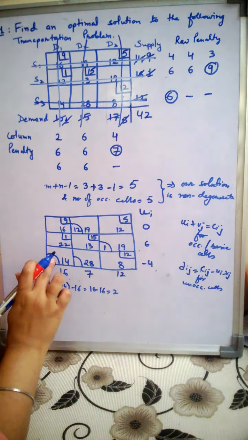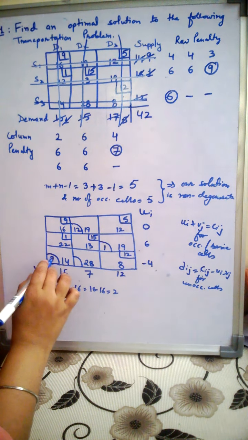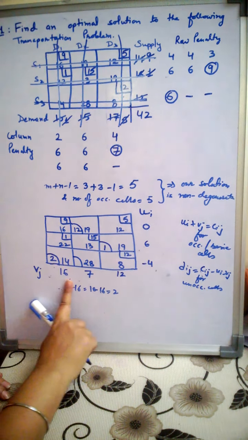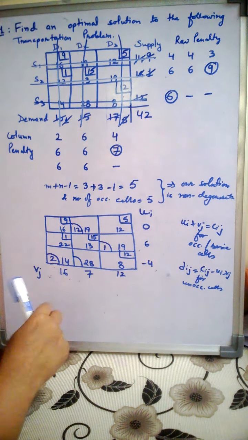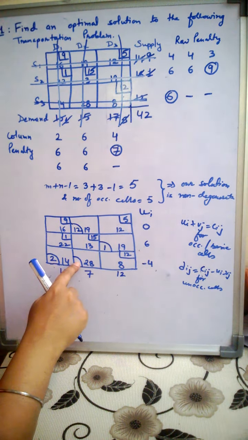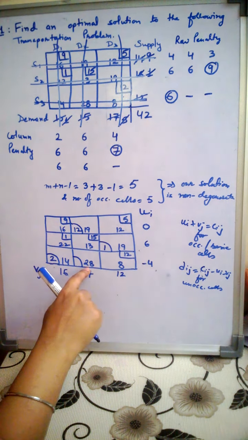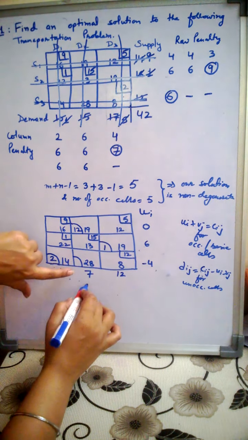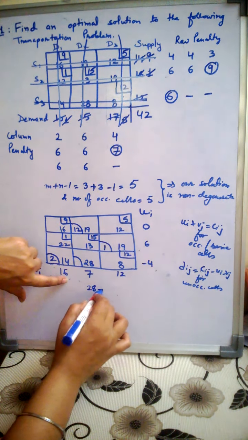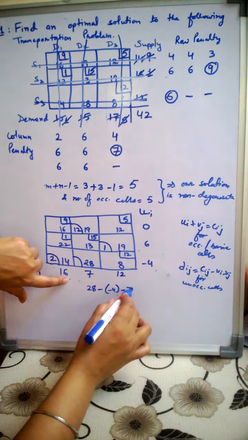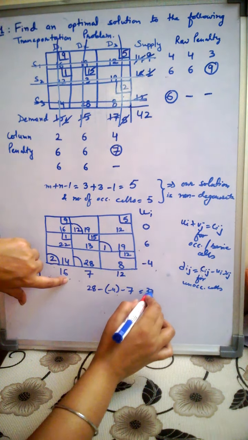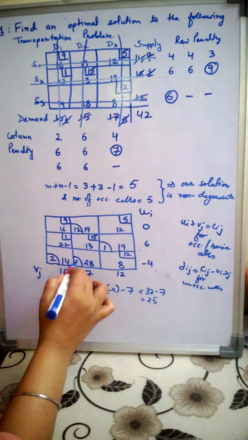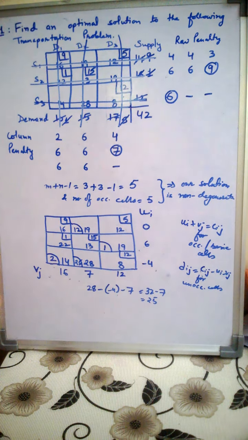So this d value is 2. Okay, now corresponding to this cell, this is C, this is U, and this is V. So again the rule is C minus U minus V, that is 32 minus 7, which is 25. So we have 25 here.